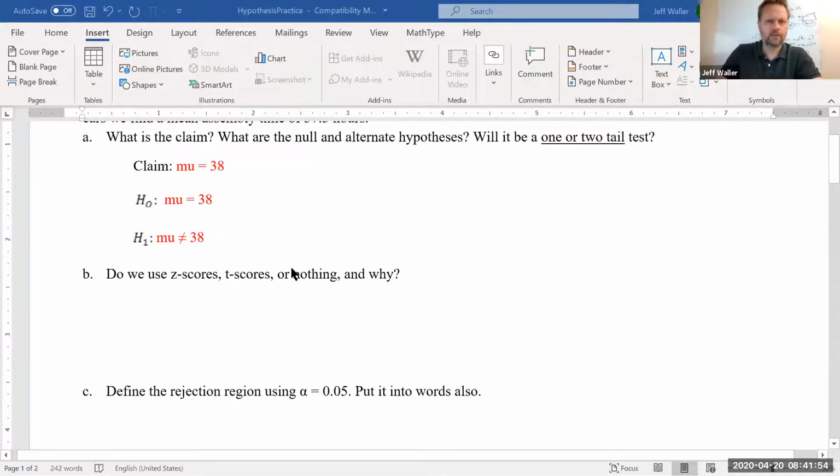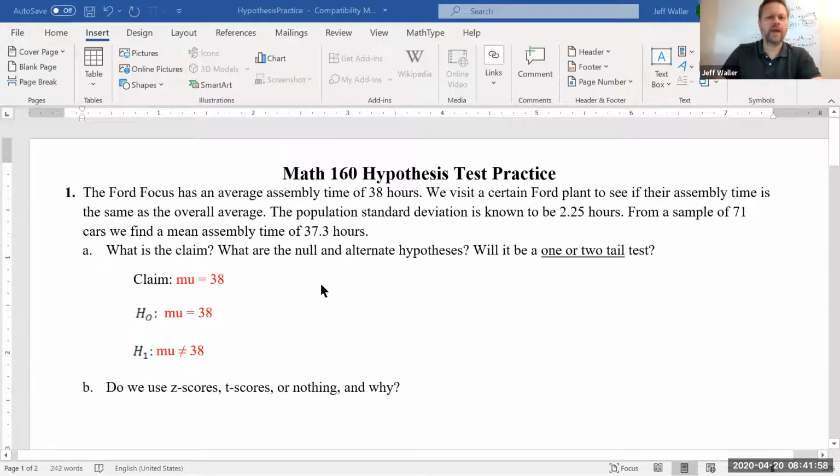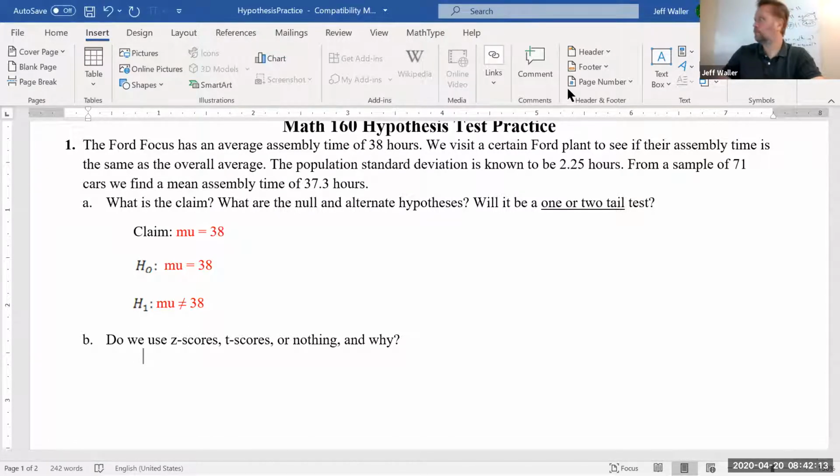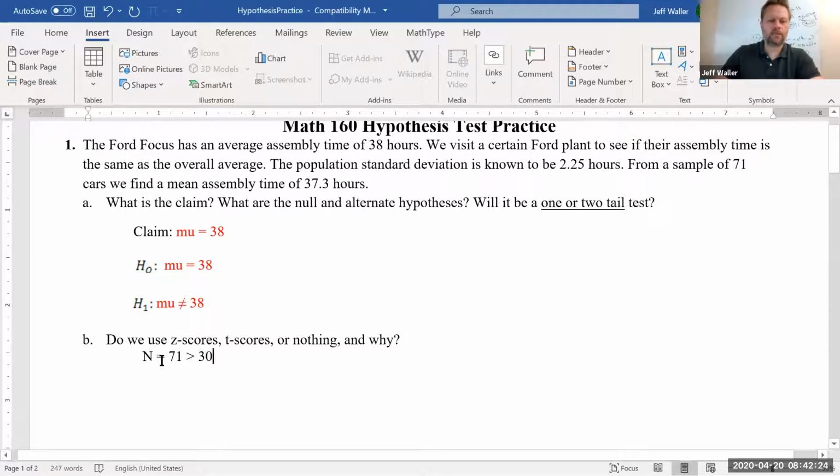Will it? All right. Let's do one more step here. Do we use Z, T, or nothing? Can anybody see why I'm allowed to do something? Yes, n is 71, which is greater than 30. Check, right?